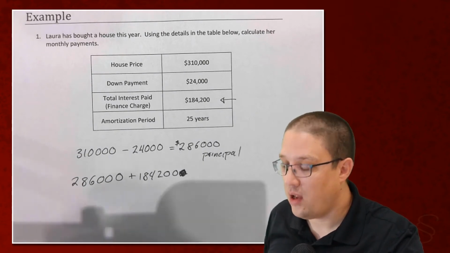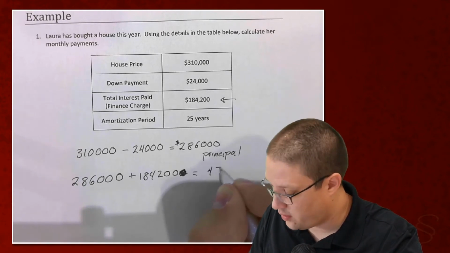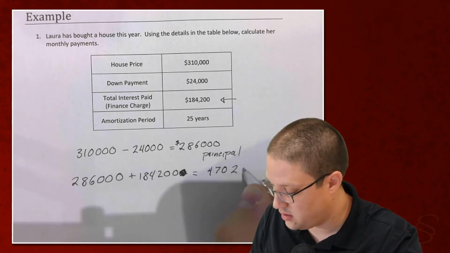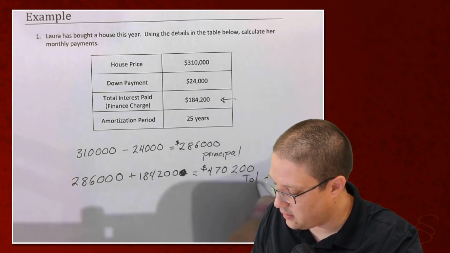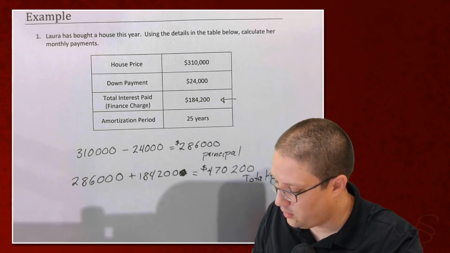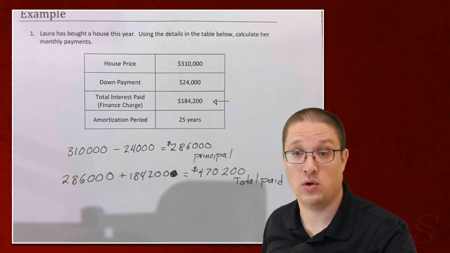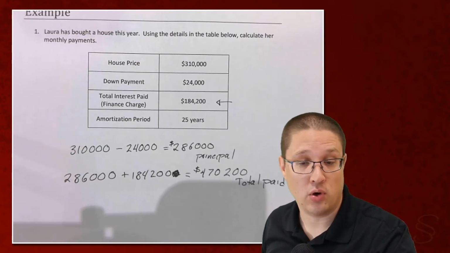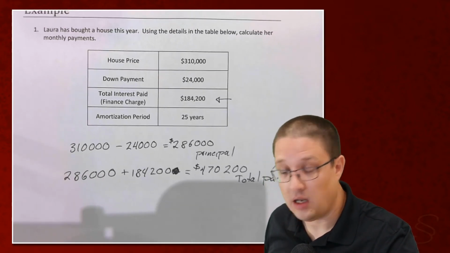I end up with a total amount of $470,200. This is the total paid, the total amount that we paid or she paid for this mortgage. All right, $470,200.